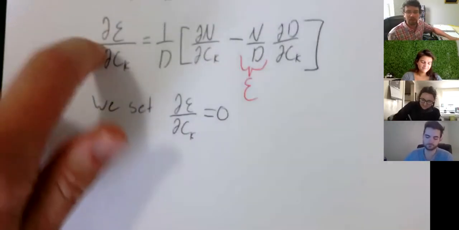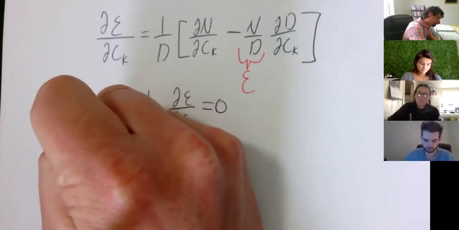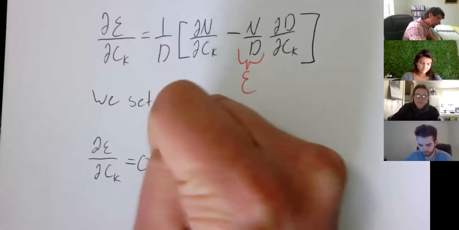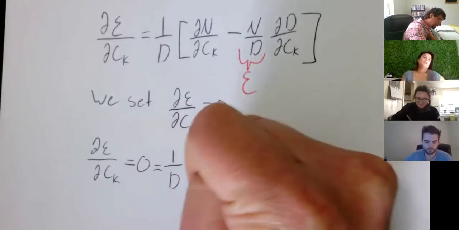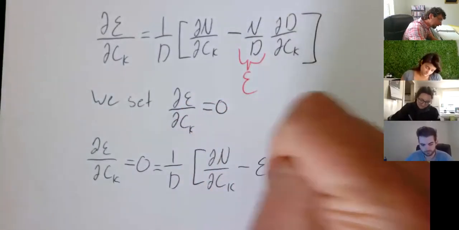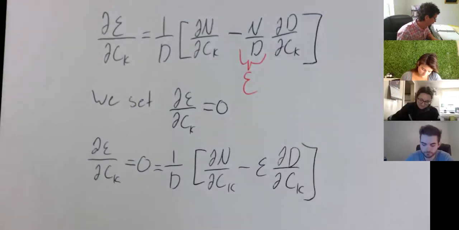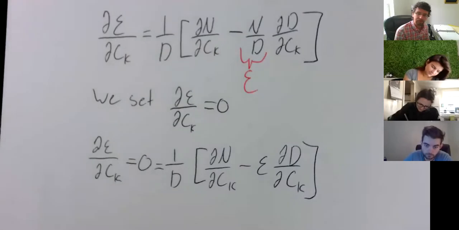So now we're going to set this derivative equal to 0, and we're going to get a solution that way. Okay, what would you do to make this a bit simpler?